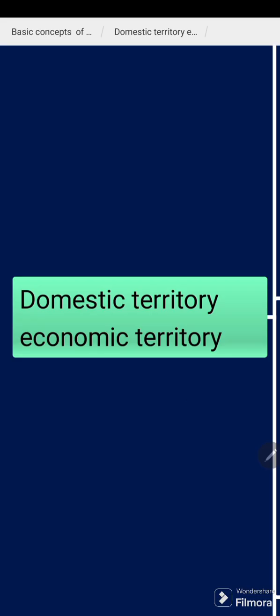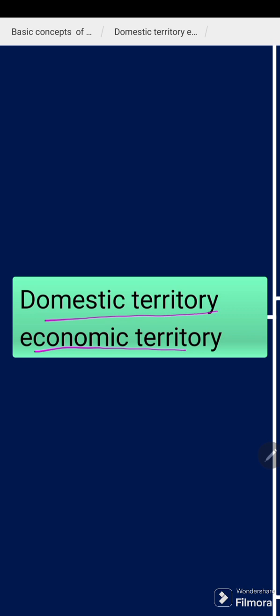To begin with, let us understand the concept of domestic territory, or what is known as economic territory. If we ask anybody what a domestic territory or economic territory is, the person will say that it is the political frontiers of the country which define the domestic territory.